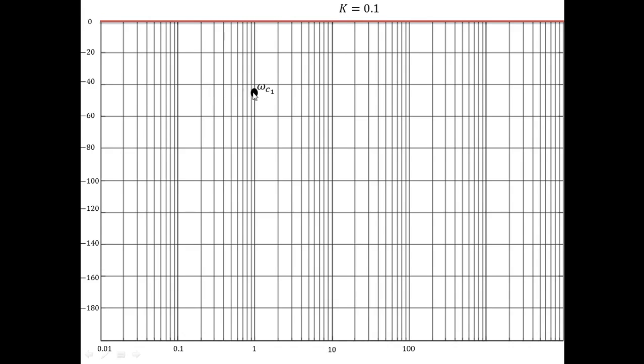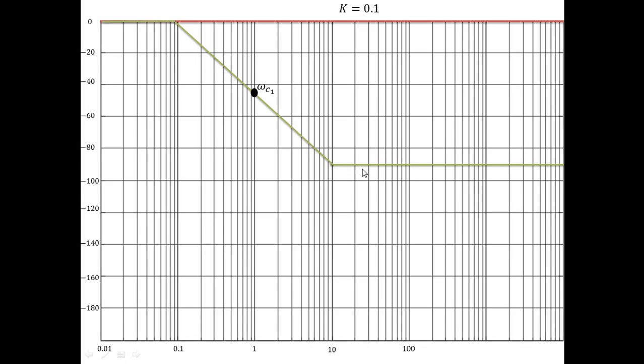One decade before, which is 0.1, the shift angle is 0. One decade after that, the shift angle will be minus 90. And if I connect these two lines together, I will find the phase angle plot for the first pole.